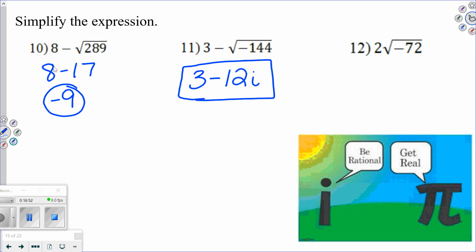Number 12, imaginary or no? It is imaginary. Is 72 perfect like the last two? No. All right. So again, however you want to kind of not forget the i there. We'll do a factor tree on 72. I'm going to go 2 and 36, 6 and 6, 2 and 3.